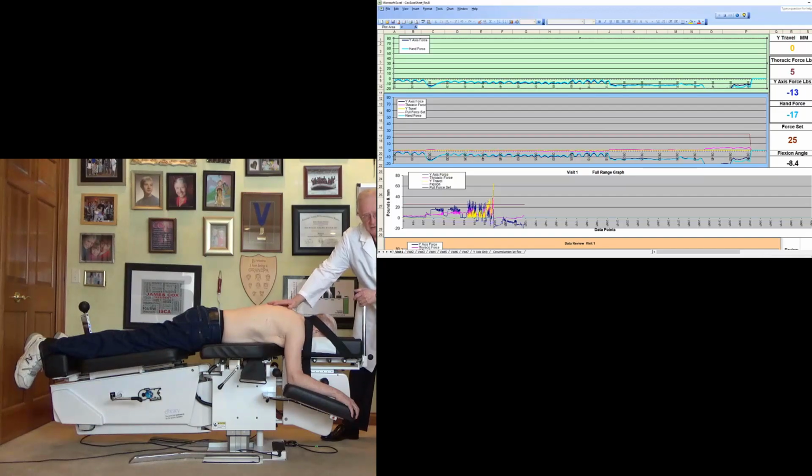And we know from the literature that treating the upper thoracics will bring about increased cervical range of motion at least as well, and some authors say better, than treating the cervical spine itself.